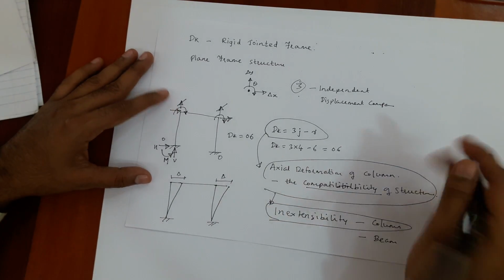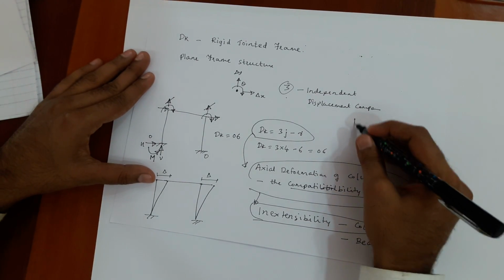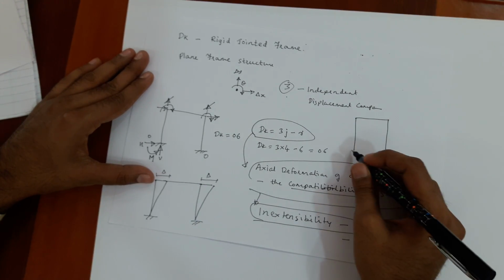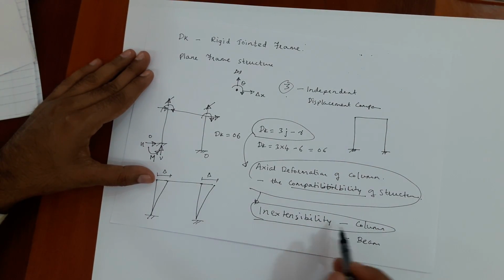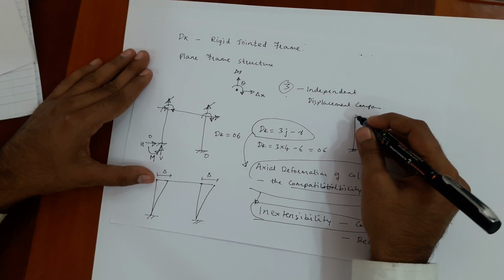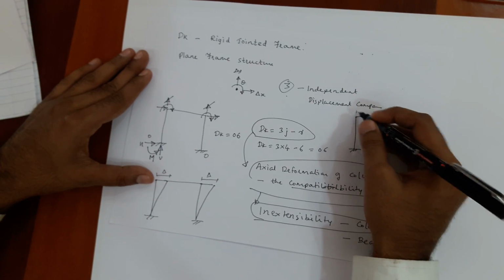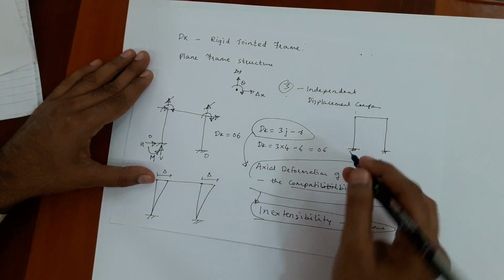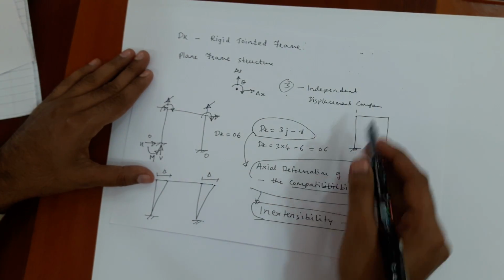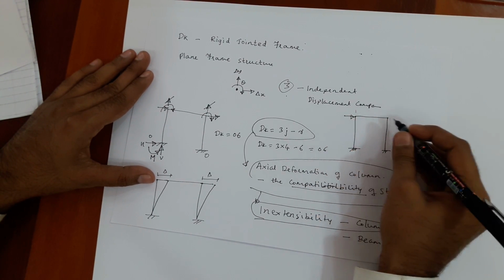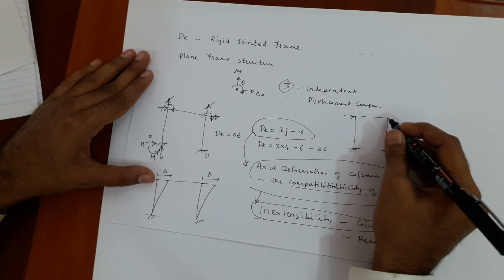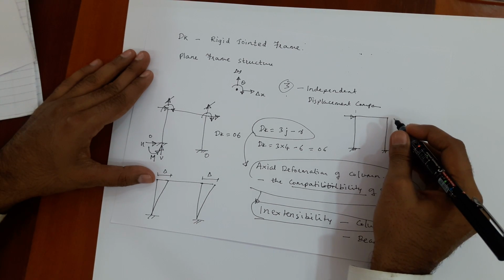Now again we need to define the DKR of the frame by considering the inextensibility condition. Here we have neglected the axial deformation of the column vertically. Now this joint will deform. This deformation and this deformation are the same.